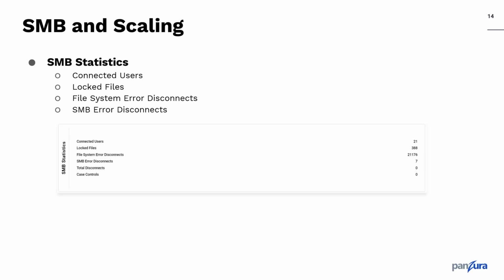Sometimes you have SMB error disconnects in the launch process or shutdown process. Maybe a user just closes their laptop, but there are also other file system error disconnects that are more associated with environmental changes. And of course, the total disconnects, and these are actually healthy disconnects. We notice this box has no healthy disconnects. They're all typically as somebody's on a laptop and shut their machine down or closed it, and that's why you've got disconnects there.